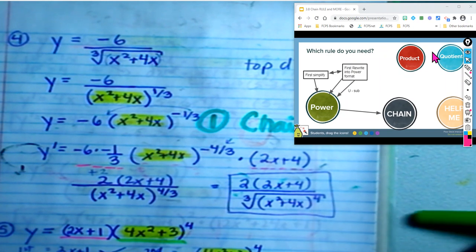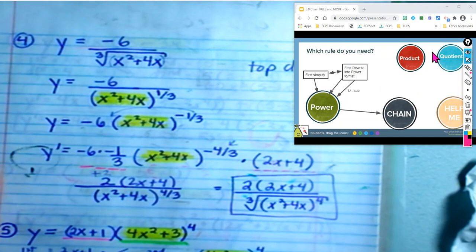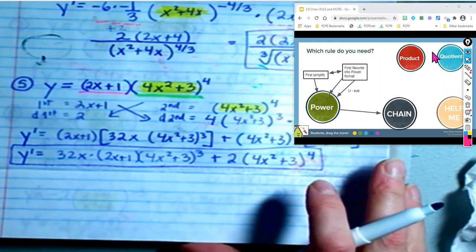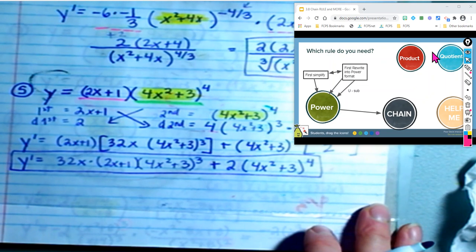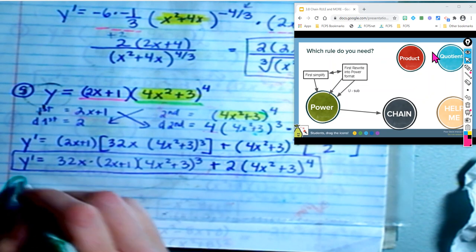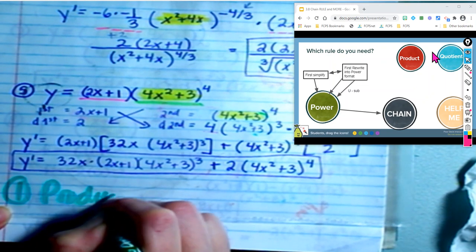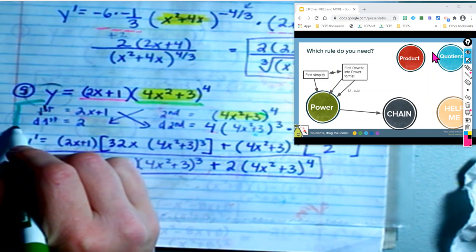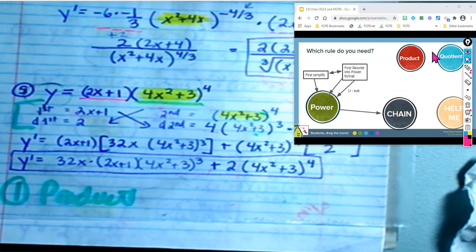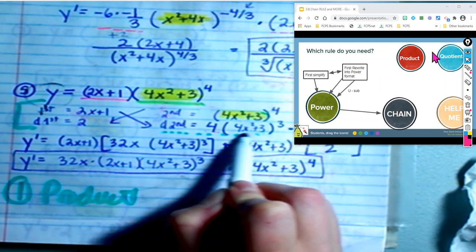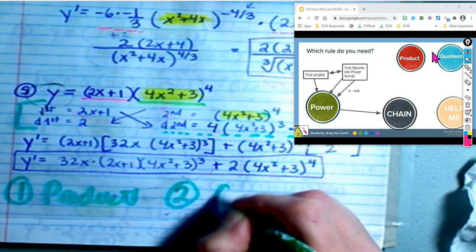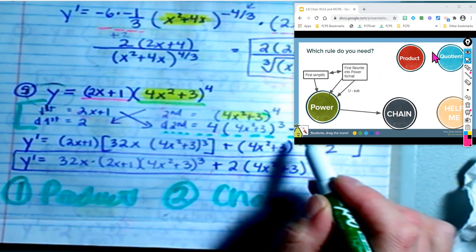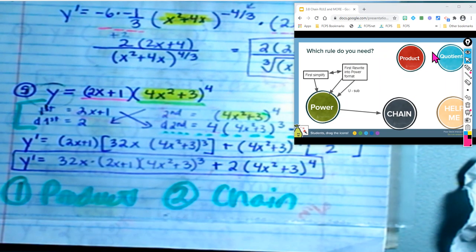Okay, now let's look down. Example 5. The first thing I see is a product. See that? That's the first thing I did, is I separated it into a product. Then, the second thing was the chain, because that was within the product rule that I needed to use the chain rule.